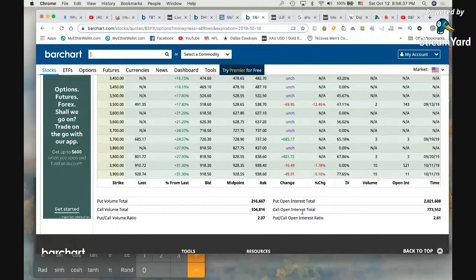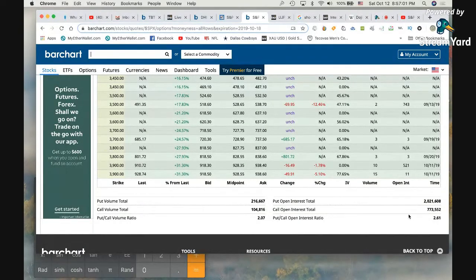Okay. They did the opposite of what that big red candlestick was that I showed you on the 30-minute chart. This is real money sitting in the options market, and the pessimism, the puts, are outweighing the optimistic calls, or if you want to put it this way, the bears are outweighing the bulls 2.61 to 1.